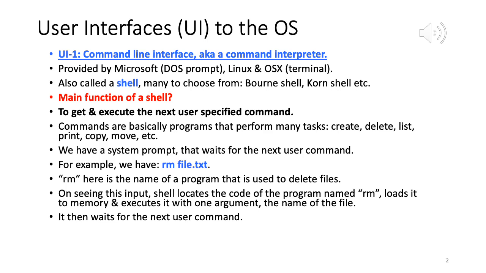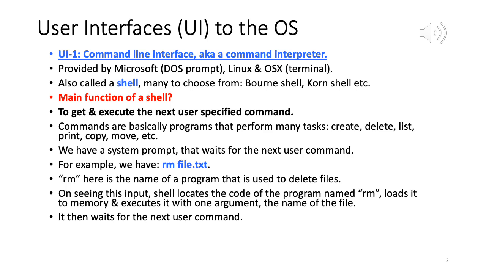So next slides will talk about what are the different user interfaces available for us. So through the UI, we interact with the operating system to perform our computer jobs. So as such, we discussed yesterday very briefly.